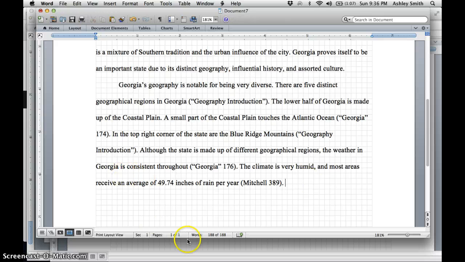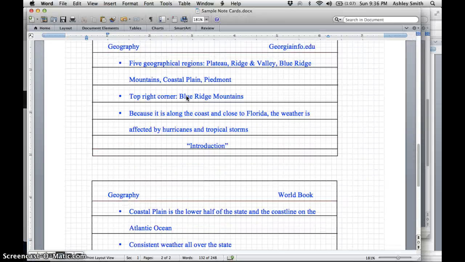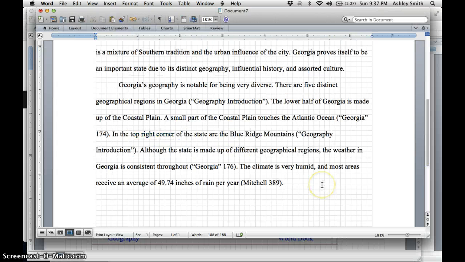Now let's move on to a different piece of information. I think I'm going to talk about how, because it's close to the coast, it sometimes gets hurricanes and tropical storms. So let's mention that in the paper.